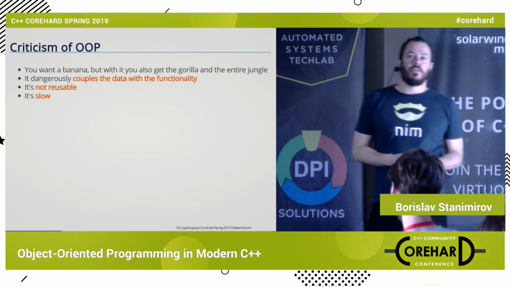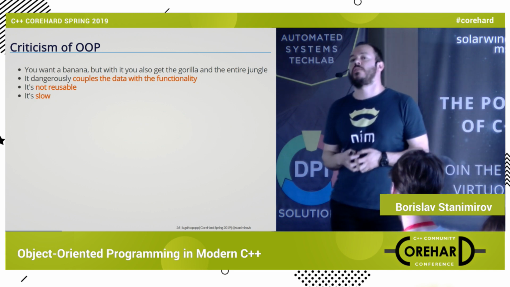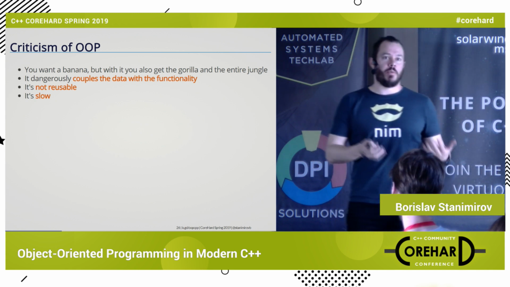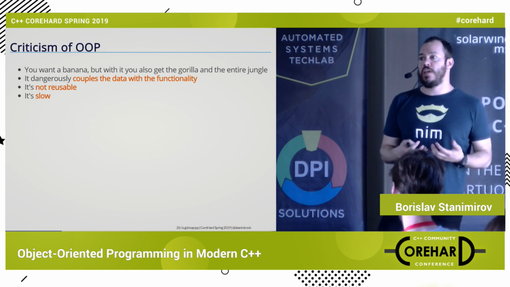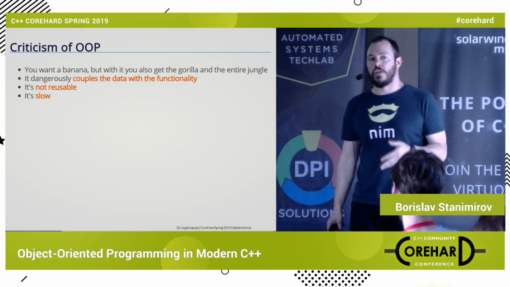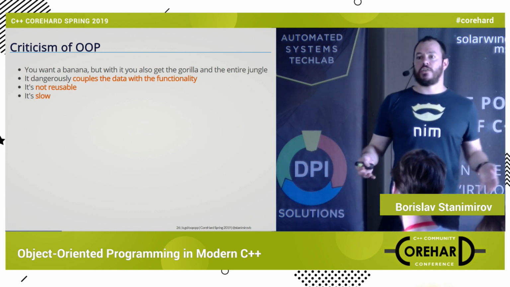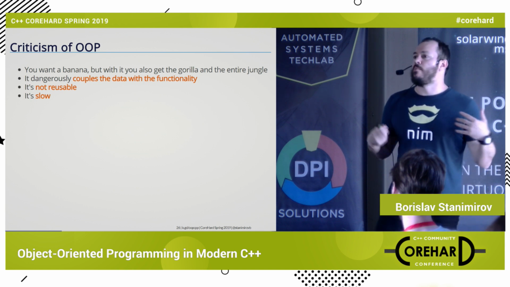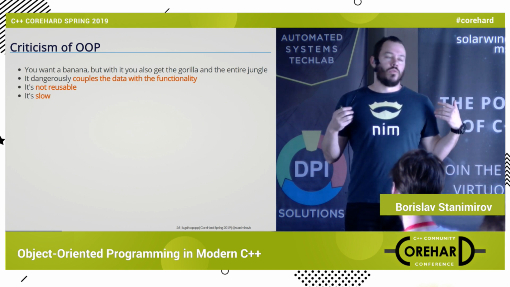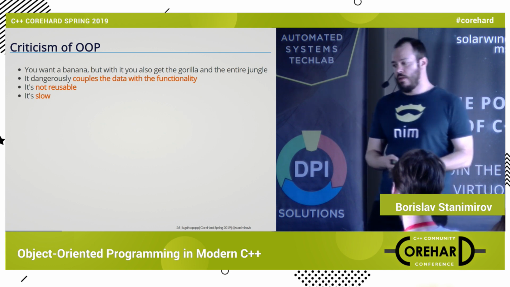Then another criticism is that it's slow. And this is typically about dynamic polymorphism. Dynamic polymorphism has to be slow. It has to have certain indirections when calling functions, as opposed to static polymorphism, which is all the rage in current C++ when you have templates and better ways to construct your code at compile time so it does the best possible thing.